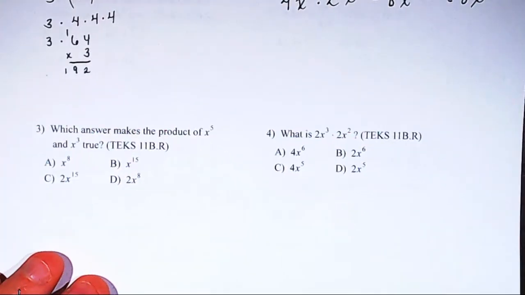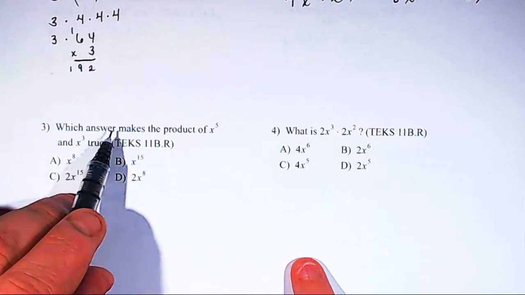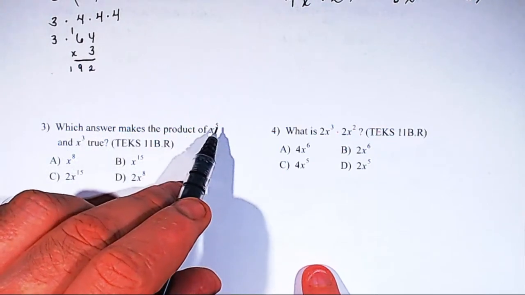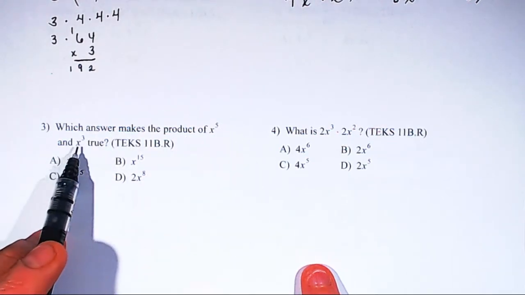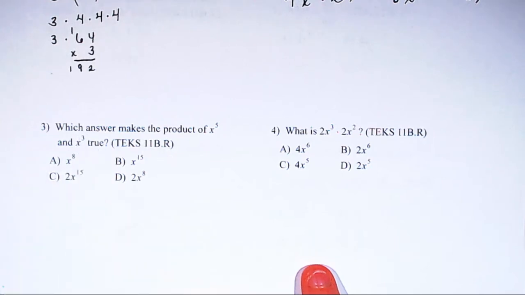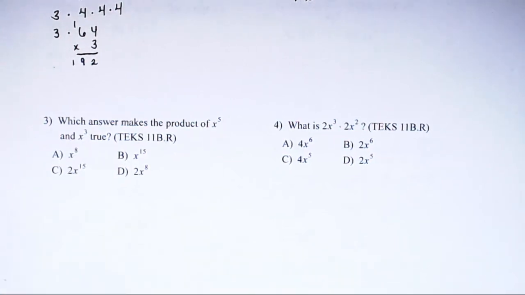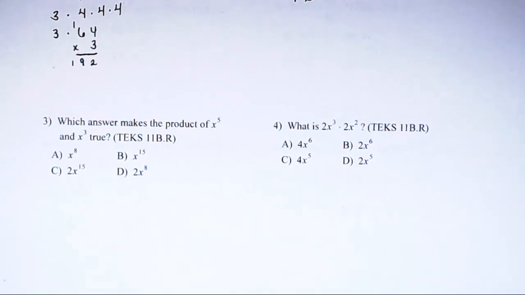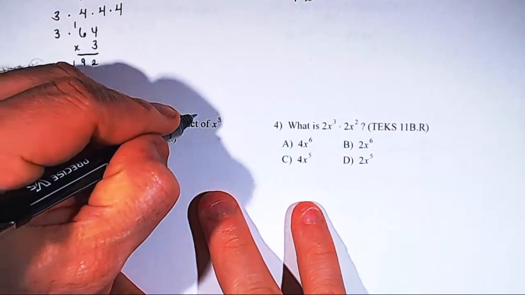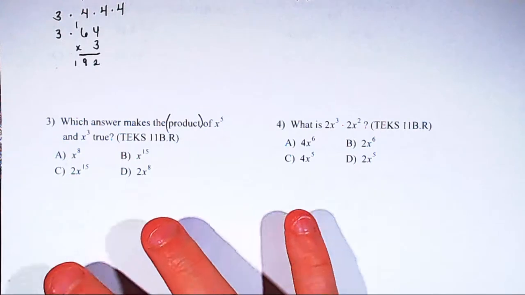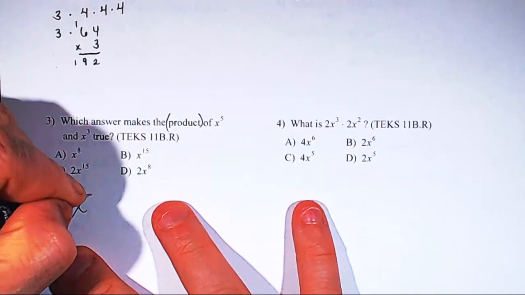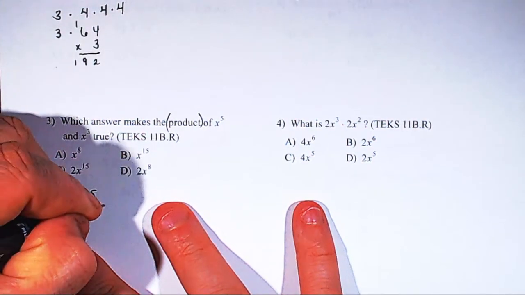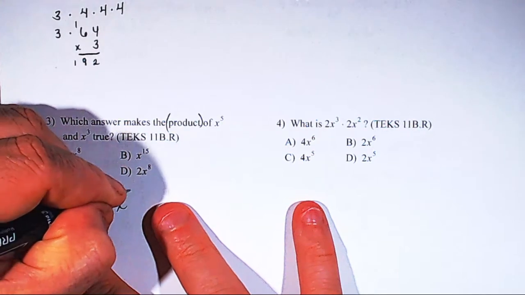All right, down to number 3. Which answer makes the product of x raised to the 5th power and x raised to the 3rd power true? This is a really confusing way of asking the question, but it does show up on the STAAR test, so we like to cover it, make sure students understand how to unpack this language. The key word here is product, which indicates we're going to multiply x to the 5th times x to the 3rd.